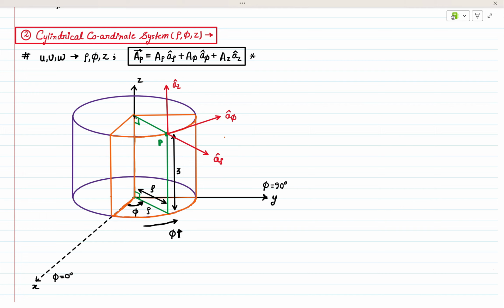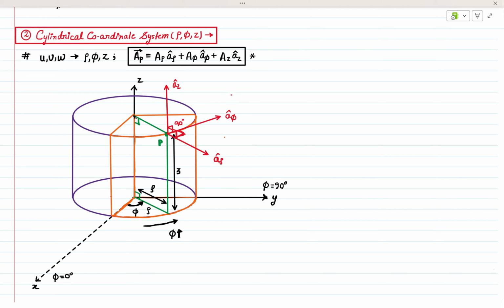As point P is a positional vector, it must have three directions along rho, phi and z respectively. The interesting fact is that the angle between all these three is 90 degree.